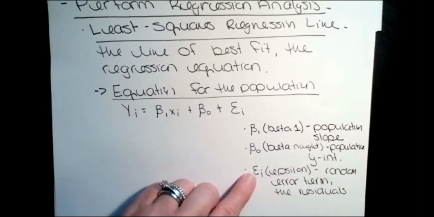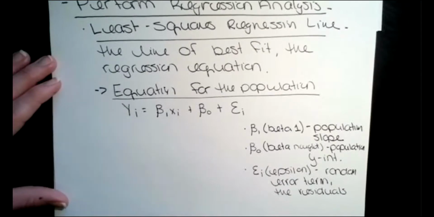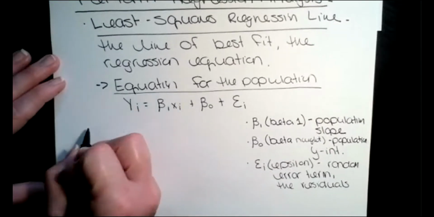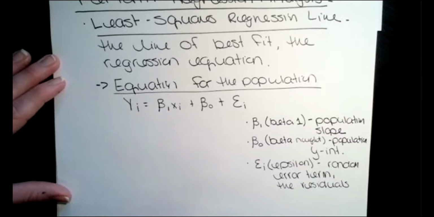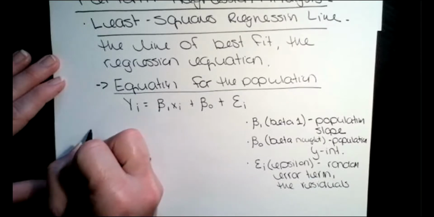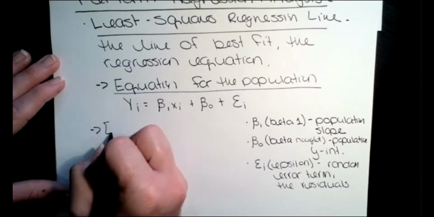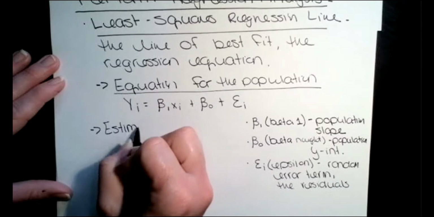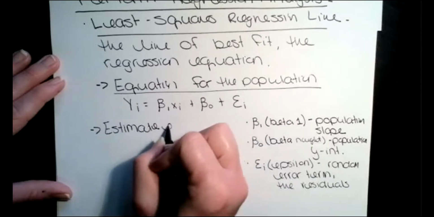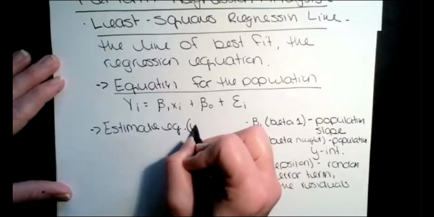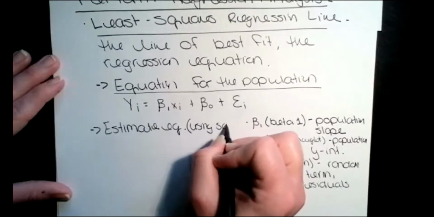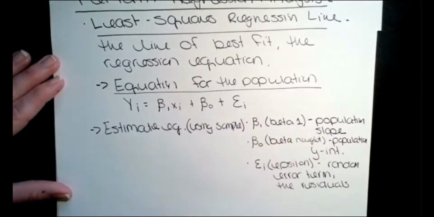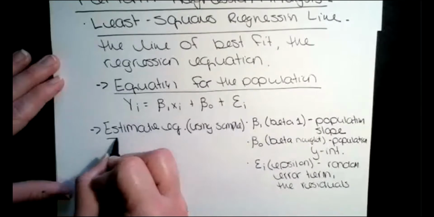It's the residuals here. So if we think back to step 1, we actually used an estimate equation using the sample, and that's what we did. So here we have our estimate equation using the sample. And this is going to look familiar from stat 1.